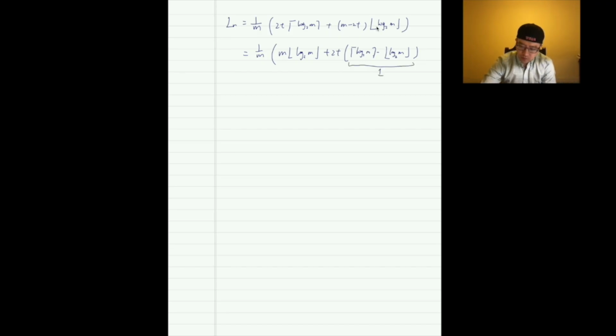Then we have the floor of log 2 m plus 2t over m. So this is basically the average code word length.